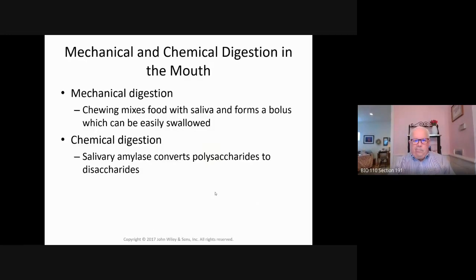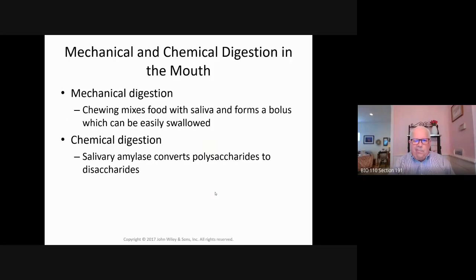Again, there's a difference between mechanical and chemical digestion. Mechanical digestion in the mouth is the chewing of food, mixing with saliva to form a bolus which can be swallowed. Chemical digestion takes place with enzymes.